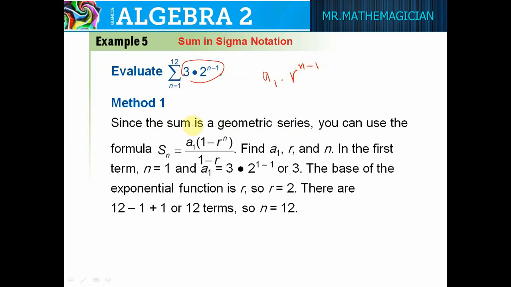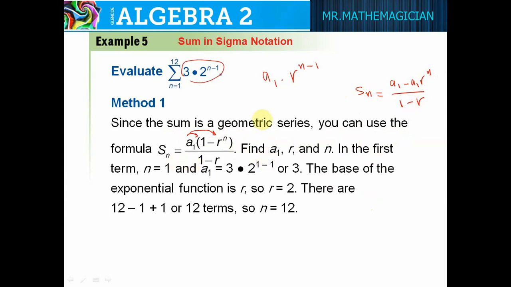You can use the formula Sn equals A1 times 1 minus R to the power of n over 1 minus R. This is the same formula as we were using, which is Sn equals A1 minus A1 R to the n over 1 minus R.